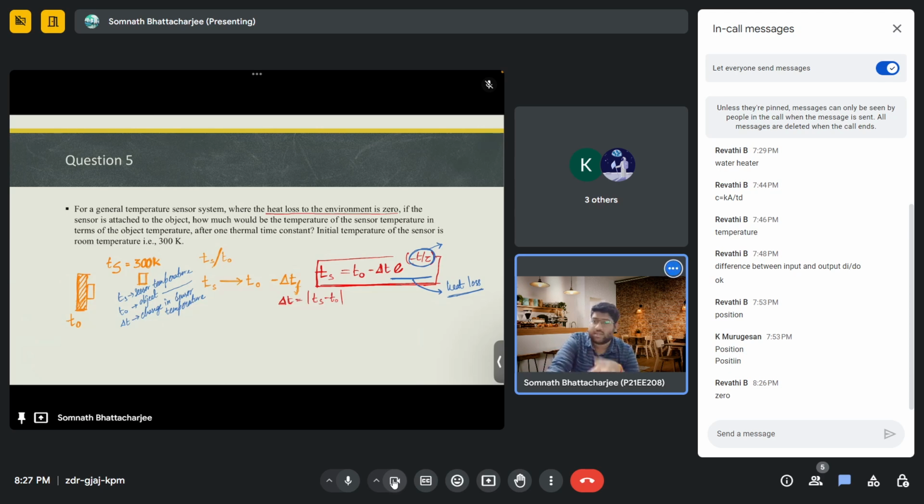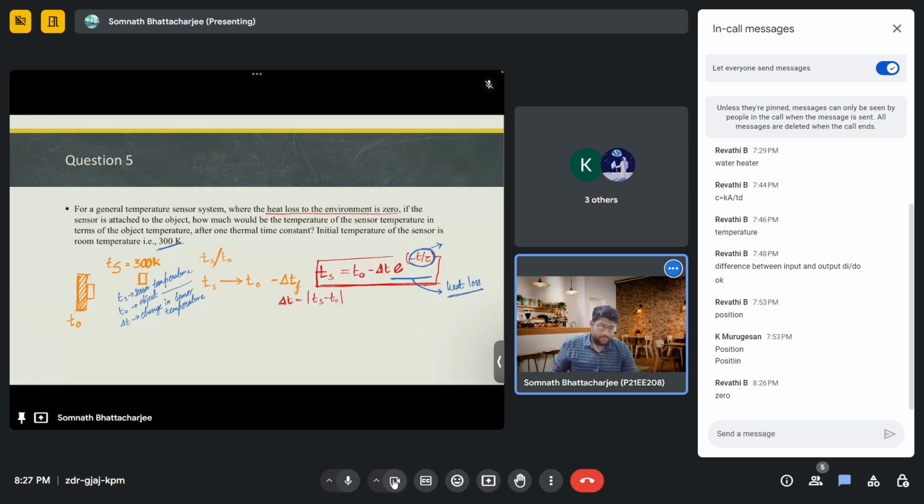But the temperature is changing, because we already know the value of this was 300 K. So the temperature of the sensor is changing, so we can't say that e to the power 0 will be here. Let me give you a hint.